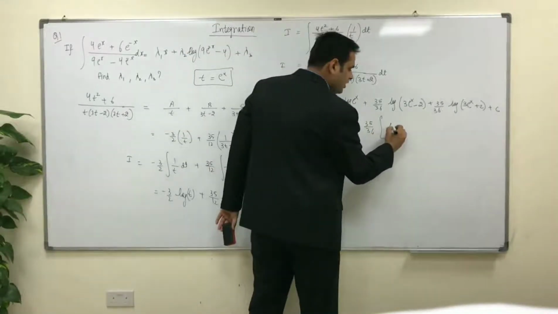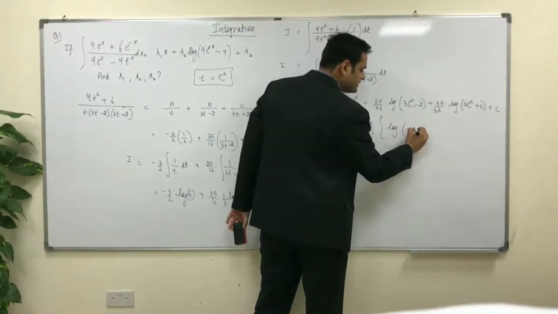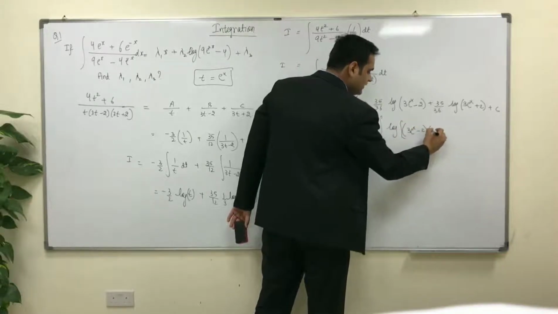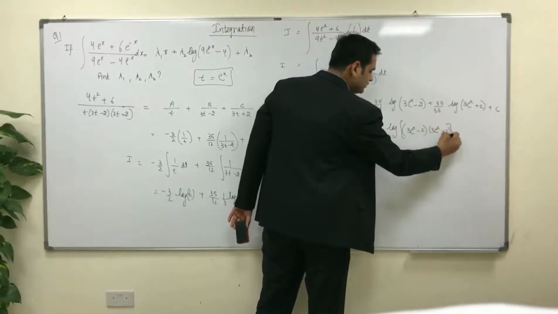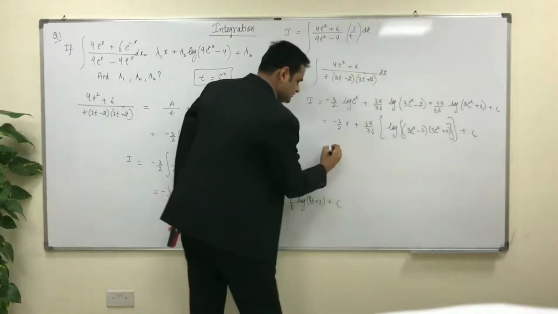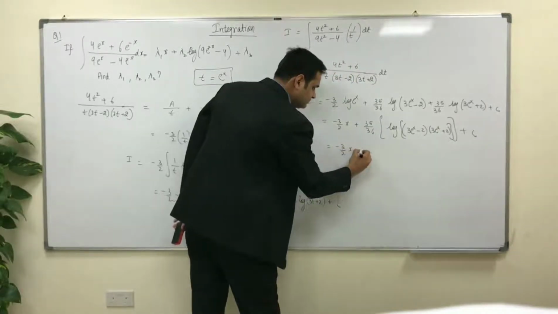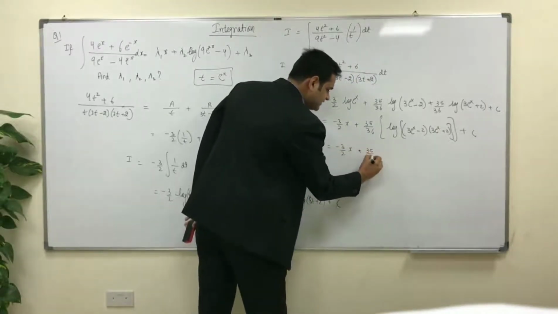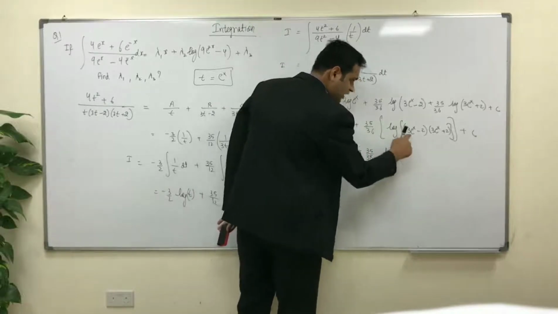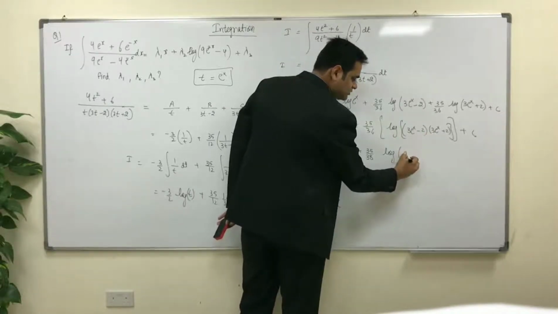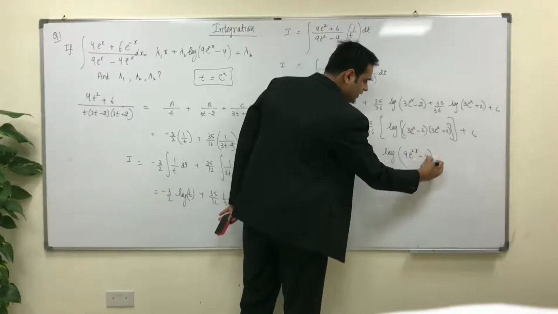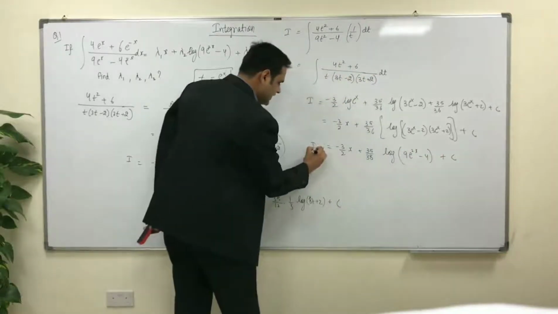So log of 3 e to the power x minus 2 into 3 e to the power x plus 2, and plus constant c. So this is nothing but minus 3 by 2 x plus 35 by 36 log of, this is a minus b, a plus b, so a square minus b square, plus constant c. So that is my answer.